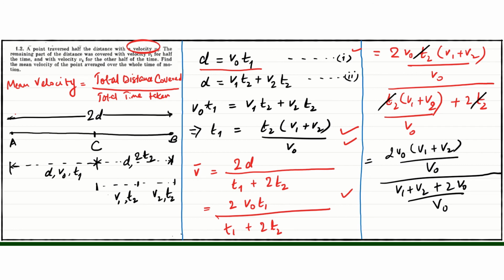This also divided by V0. So there's a fraction in the numerator, there's a fraction in the denominator. We can cancel V0 here and here. So what we get finally is equal to twice of V0, V1 plus V2 divided by V1 plus V2 plus twice of V0.